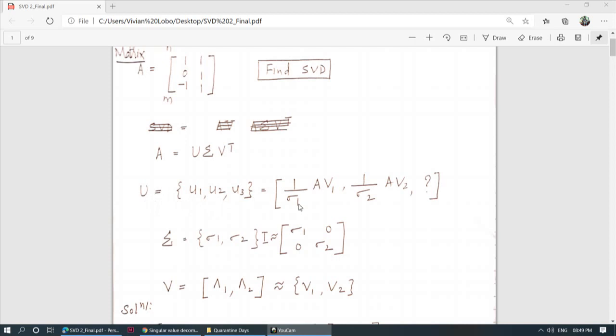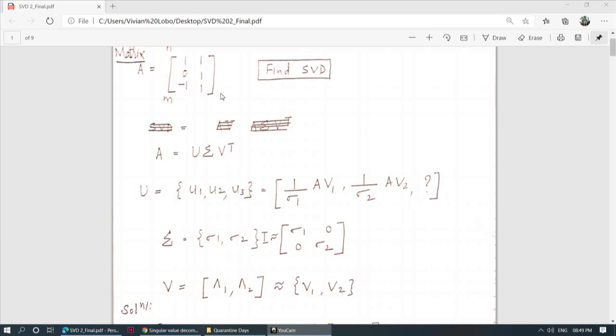As we saw in the previous session, U1 is nothing but 1 upon singular value 1, that is sigma 1, into A into V1, where V1 is the eigenvector. U2 is 1 upon sigma 2 into A into V2. Now you must be wondering that in a similar manner we can find U3 also.